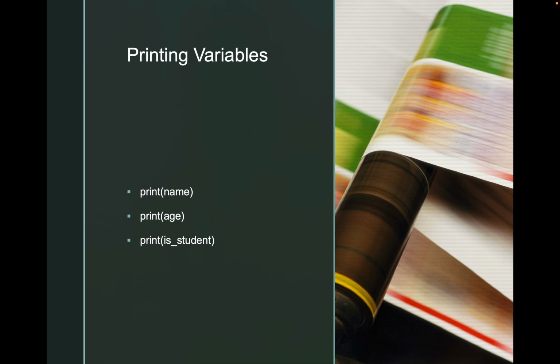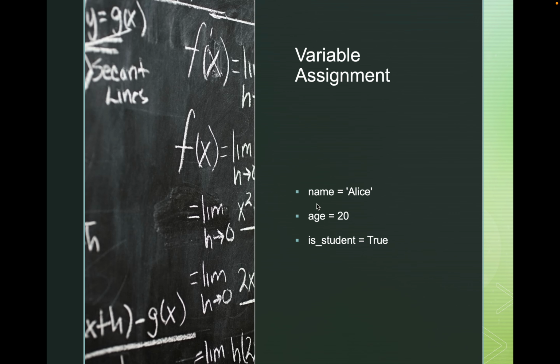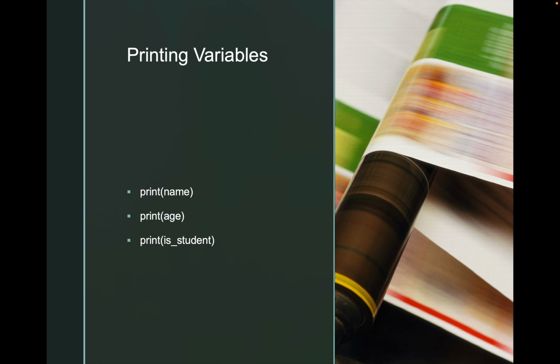If we go back to our previous slide, and we stored Alice in the name variable, we would want to see it on the console, on the output terminal. So we need something to see it on our output result window.